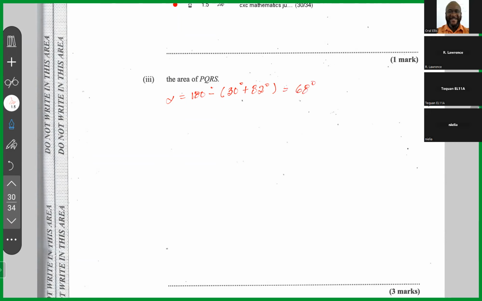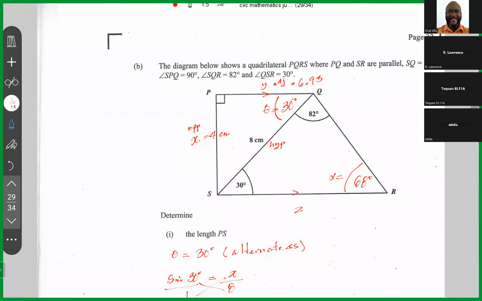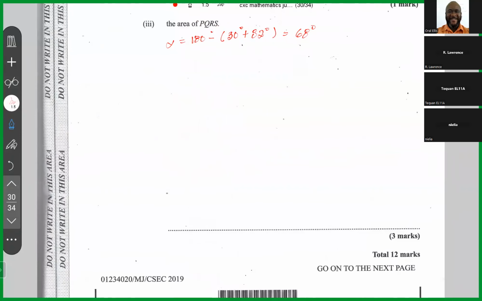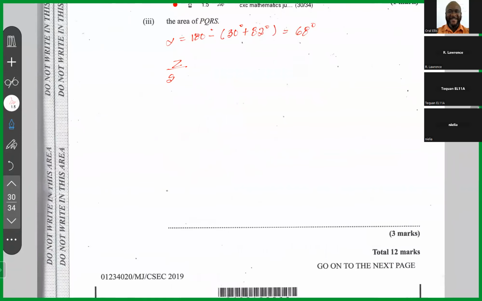Using sine rule, I want to find Z. So Z over sine 82 is equal to 8 over sine 68.